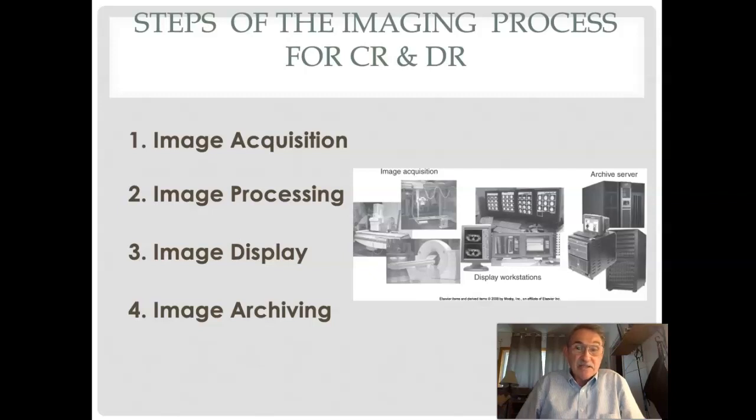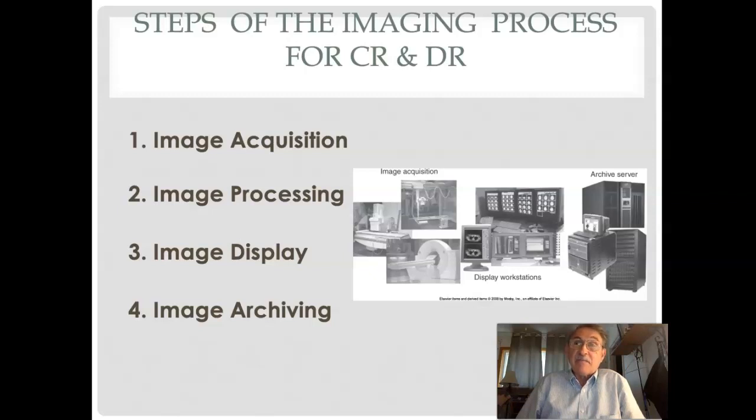Third portion is displaying that image, and as you know, X-ray film no longer exists, so this is all done now electronically, which is really valuable for us to archive the image, to save it, so that we can pull it up on demand.